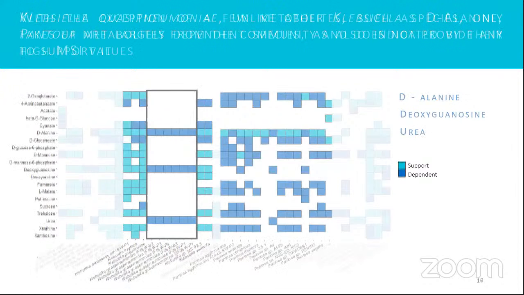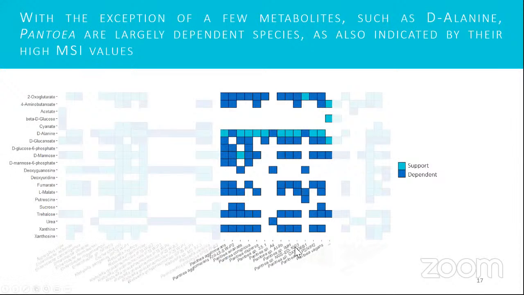And again, looking at Pantoea species, we observed earlier, if you recall, that Pantoea are highly dependent in terms of their MSI values. We also see here that they seem to take up many metabolites that other microorganisms can offer.